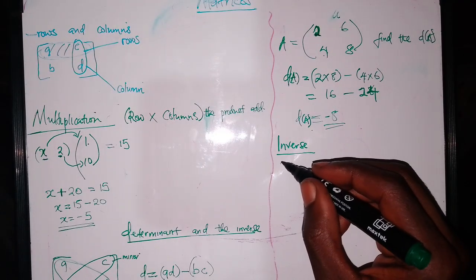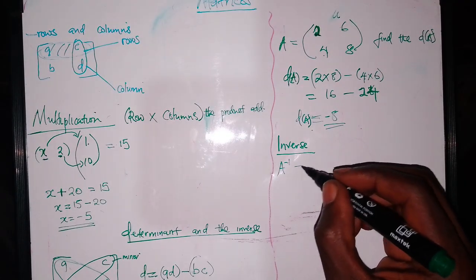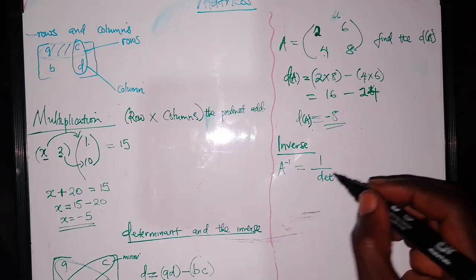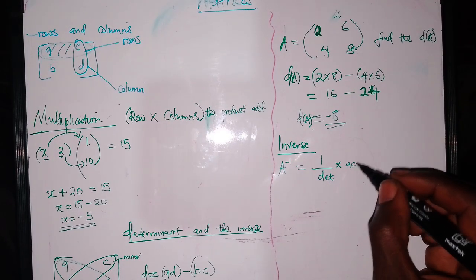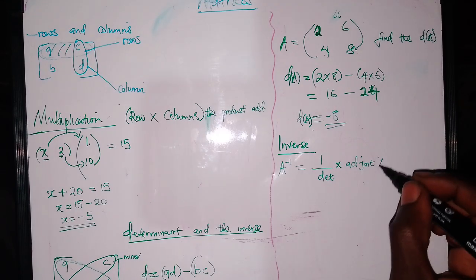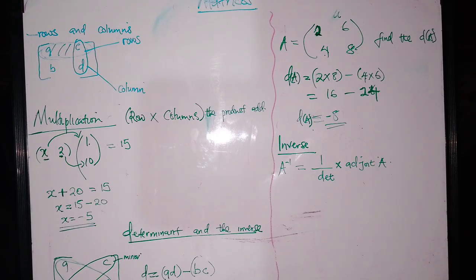The inverse of a matrix is given by 1 over the determinant times the adjoint of A. So what do we mean when we are saying adjoint?